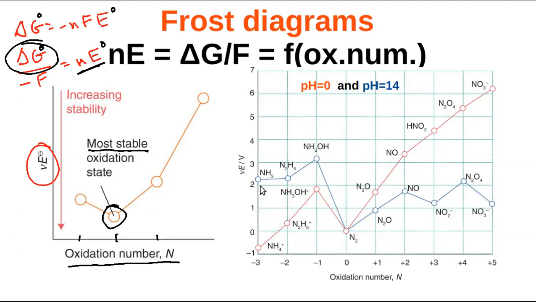So in the case of nitrogen here, for example, we see that nitrogen gas is obviously the most stable type of nitrogen compound in the whole nitrogen system, except ammonium ions, actually, at least in the acid environment.